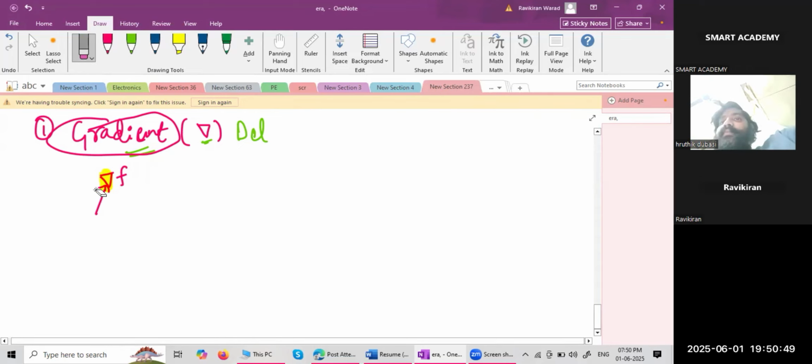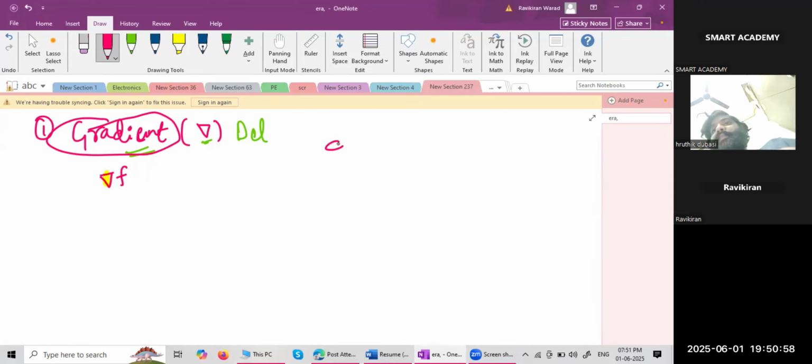You should remember this expression to find the gradient for the given vector. One function will be given, something like this.